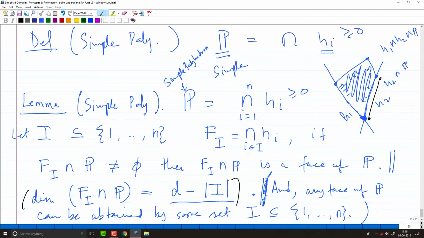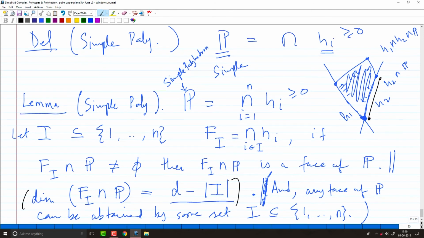And for the polytope case, the hyperplanes or the supporting hyperplanes that we were building are not exactly coming from the points. To some extent they are coming from the points also, but here you just find some subset of the H_i, and if the hyperplanes intersect and that intersection with the polyhedron is non-empty, it will give you a face.